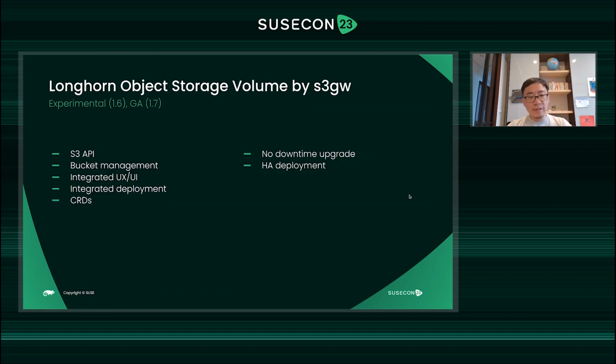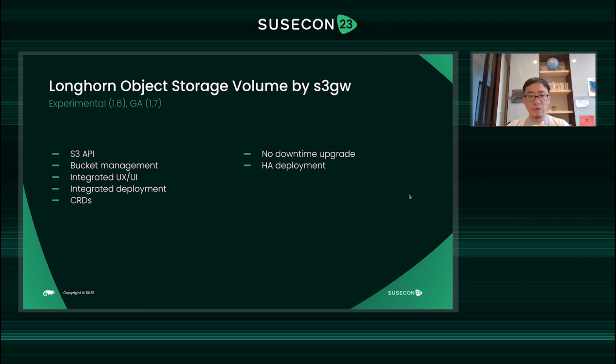And in 1.6, we will introduce the object storage interface, object storage volume. The underlying engine is an S3 gateway. We will make it our third storage interface. We have a block interface, we have a file interface, and in 1.6 we will have an object storage interface. We will support the S3 API, bucket management, UI enhancements, and dynamic deployment based on the volume.